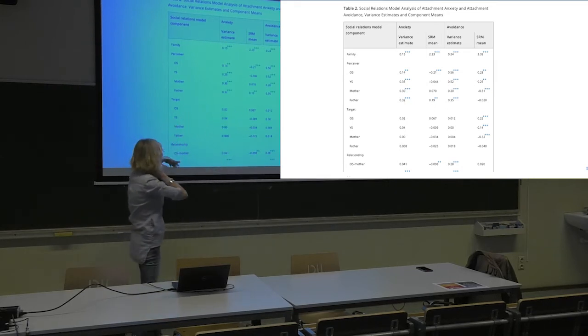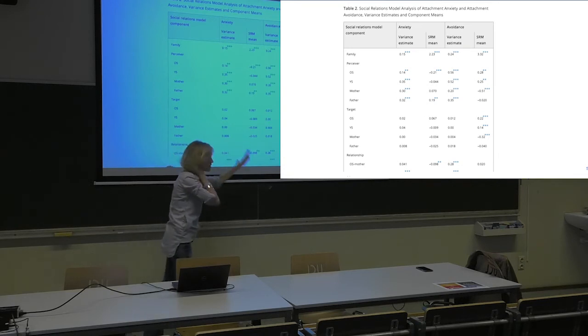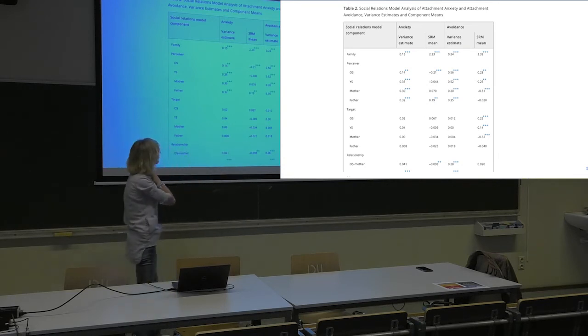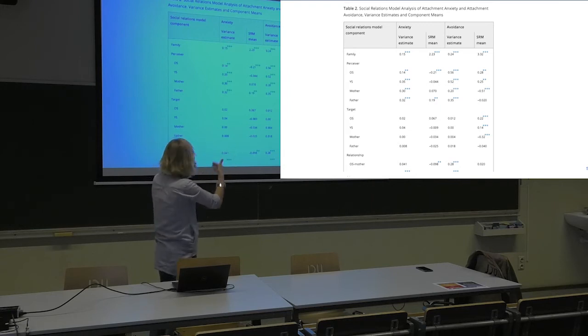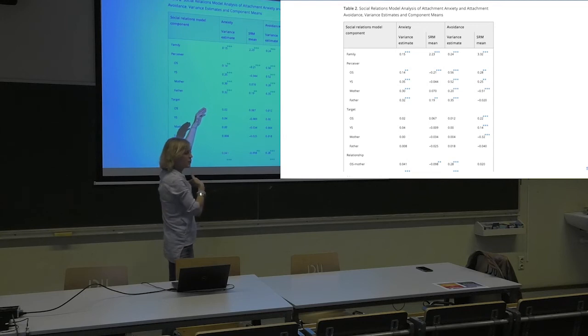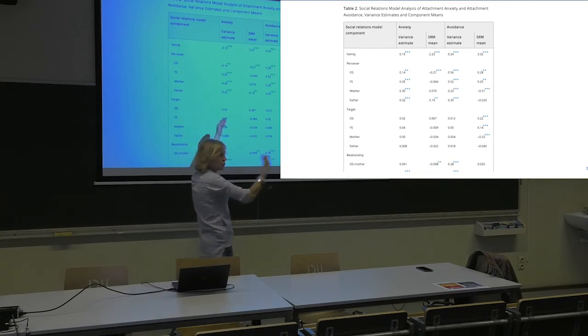The relationship effects I didn't include, but there were lots and lots of them. So this significant variance means that there is variation between families in how people relate, are anxious or avoidant to the others.